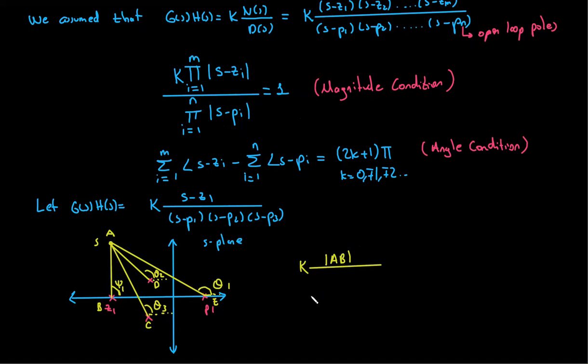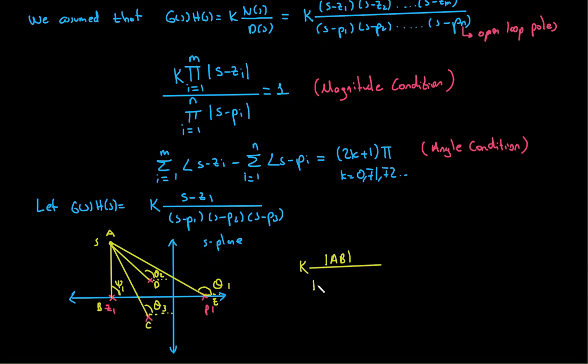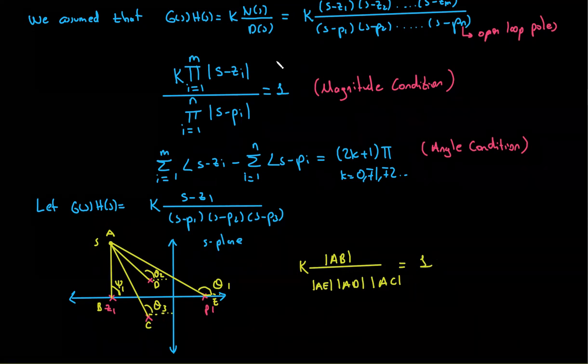I will start from P1, the length of AE, times the magnitude of S minus P2, that vector over here, magnitude of AD, and the length of magnitude of AC over here, S minus P3. That should be equal to 1. I just wrote this magnitude condition for this given example.